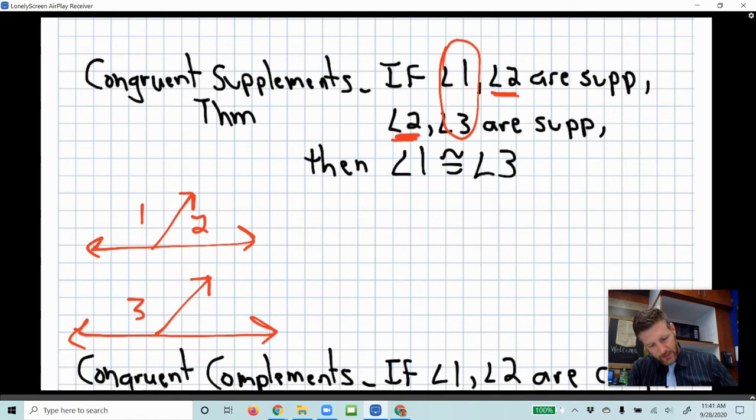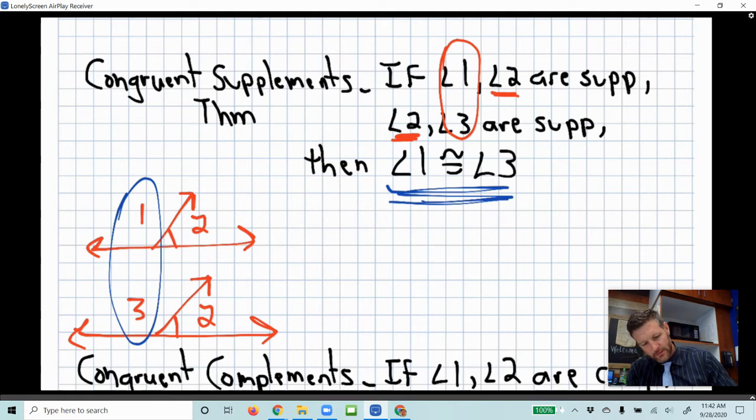You know that 3 and 2, because 2 has to be the same angle, so what does that tell you about these angles right here? It says they must be congruent to each other. That's why it's called congruent supplements: if you have three angles where 1 and 2 are supplementary and 2 and 3 are supplementary, then the two that aren't shared, the 1 and the 3, must be the same. Again, that's just a form of syllogism or the transitive property of equality.